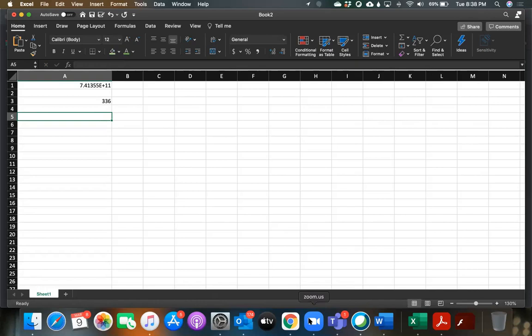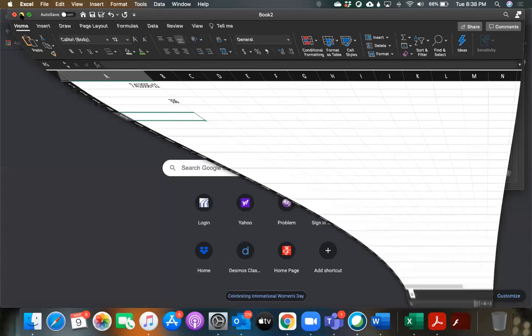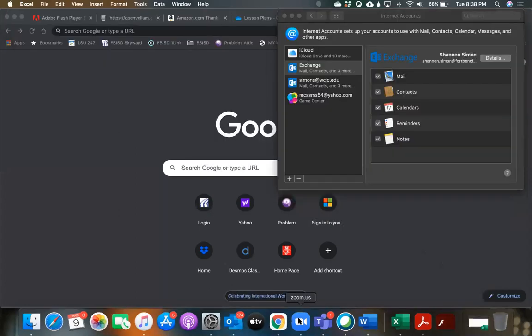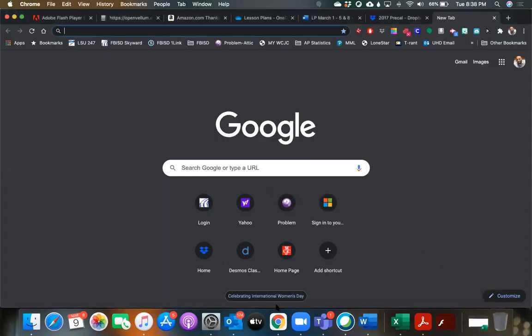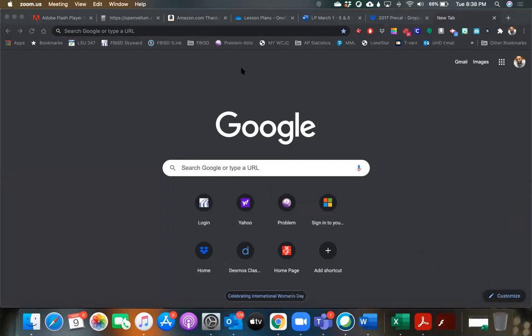Now, a combination is different than a permutation, because here the order does not matter. Where is my screen? Oh, stop share. There we go.